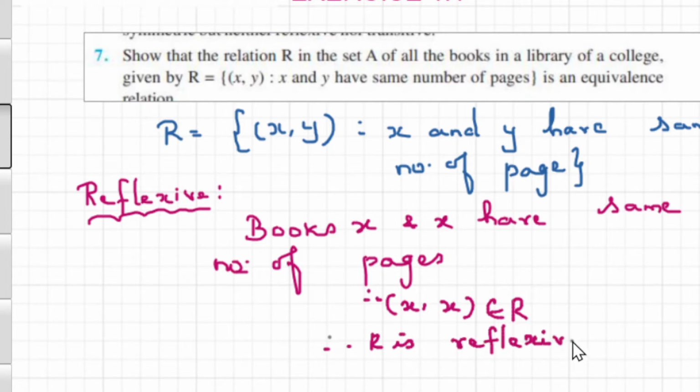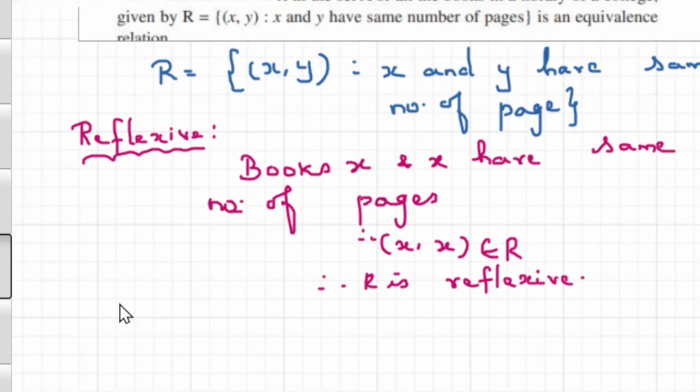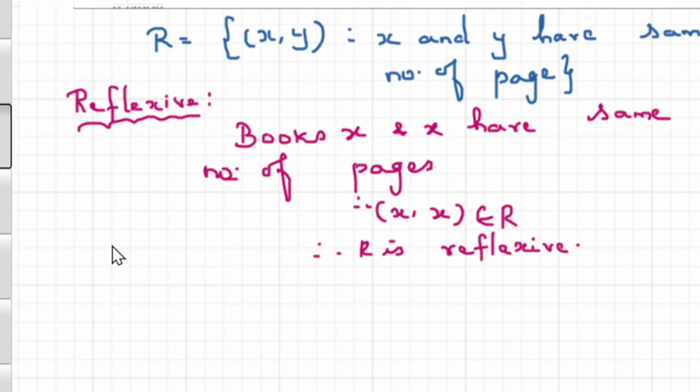R is reflexive. Next we check symmetric. In symmetric, we consider that if (a, b) belongs to R, then interchanging gives (b, a), which must also be in the same R. Then we can say it is symmetric.